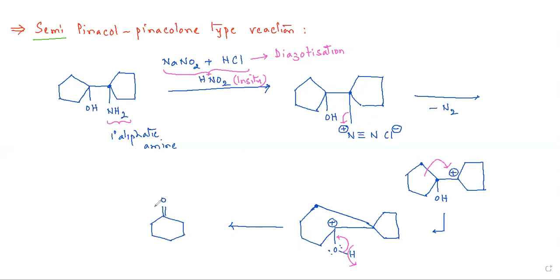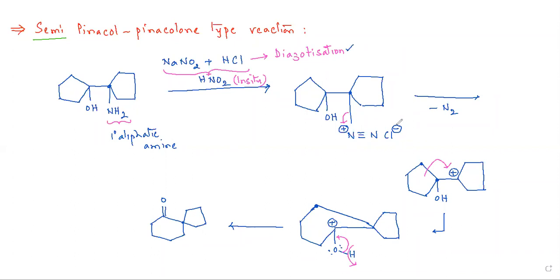Now let us take it here. To the carbon adjacent to that, we have a 5-membered ring. So this is semi-pinacol pinacolone having an extra step, diazotization, wherein the amino group is first converted into a diazonium salt, and then the loss of nitrogen.